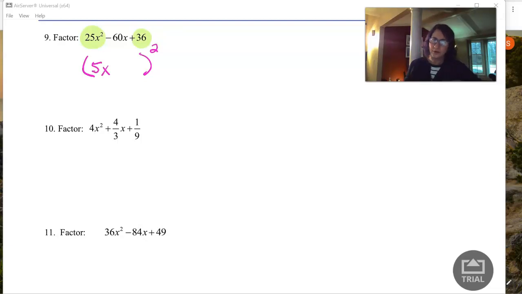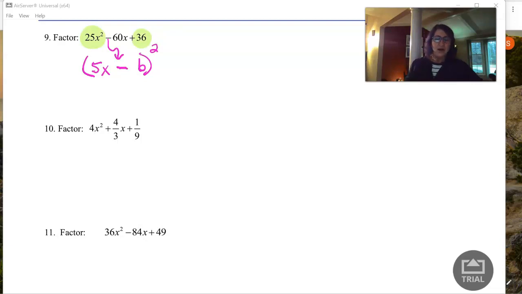I take the square root of 36, which is 6. The subtraction sign is between the first and the middle term, so that's the sign that I use in my binomial. It's done. There's no splitting the middle term. There's no looking for factors. That's it. It's a beautiful thing.